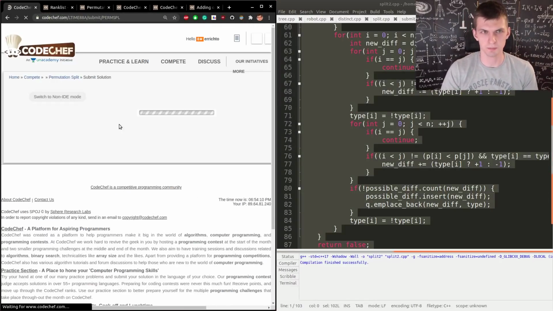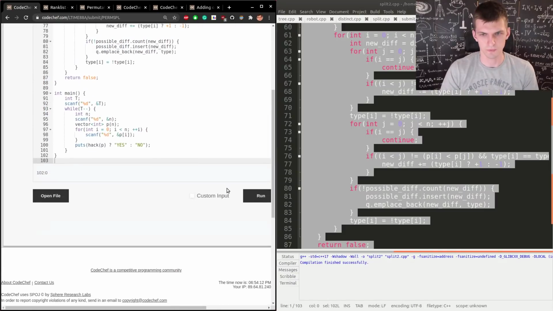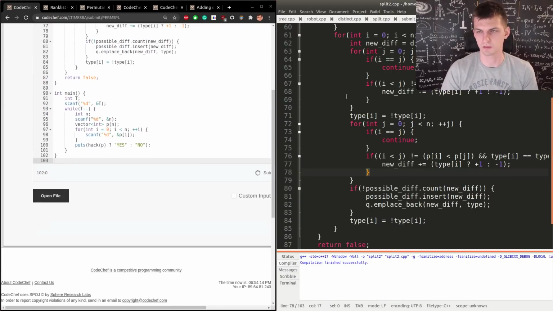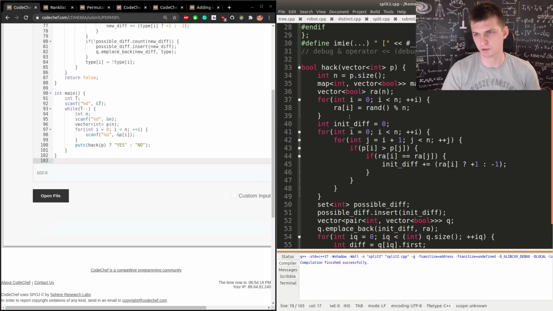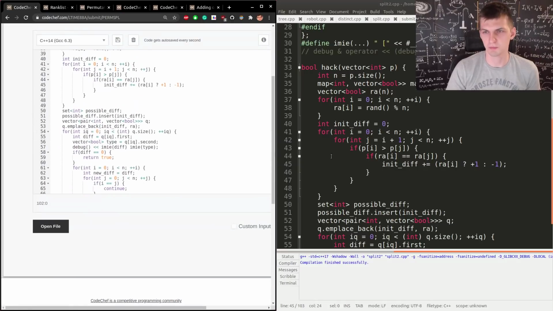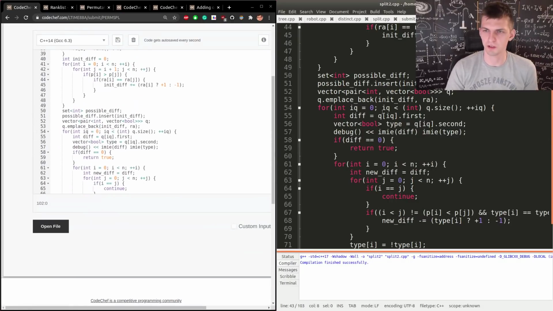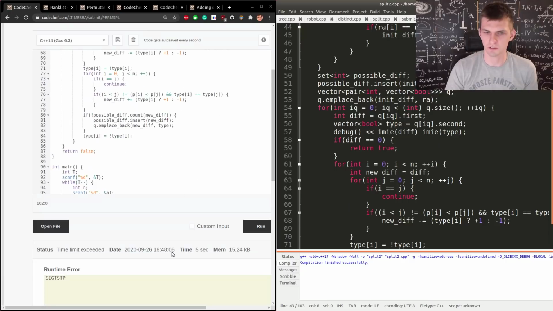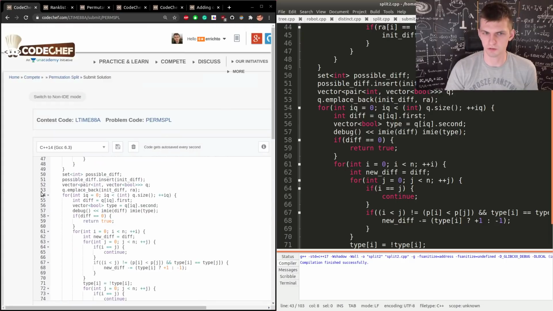First of all, does it pass the first subtask? I can also repeat this several times. And if it passes the first subtask, what I will do is I will forbid differences far away from 0.